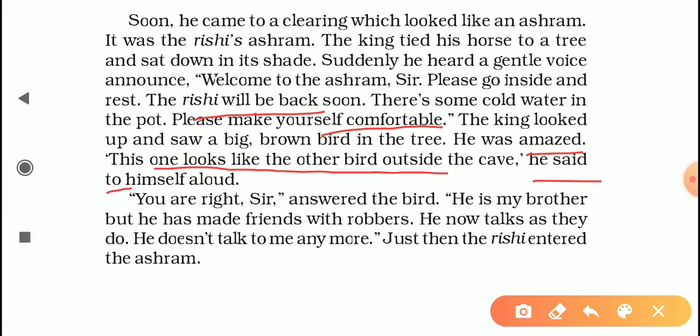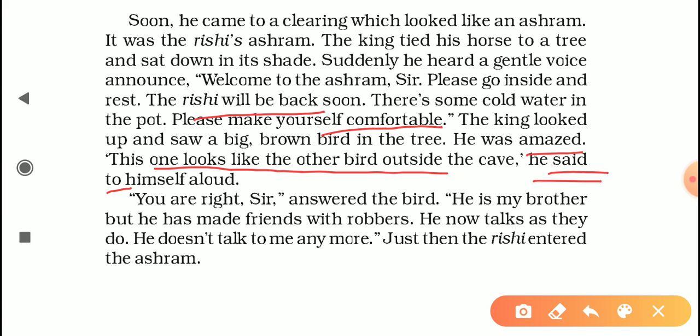And he is amazed that these birds, though they look alike, are so different in their nature. The other bird was working with the robbers, and this bird is very gentle and soothing and welcoming, a very good bird. And he is saying to himself that this one looks like the other bird outside the cave.